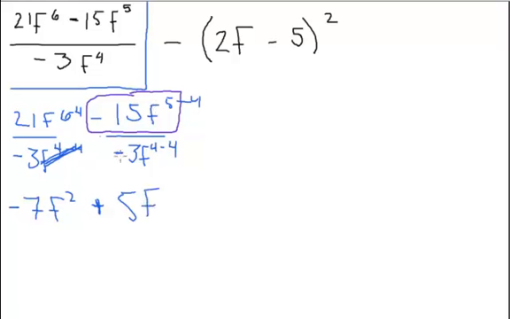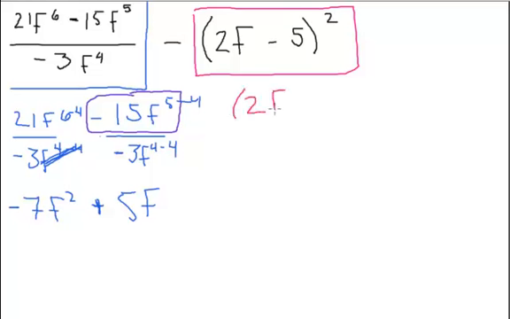Okay, so this is the expression I derived from this first part. Now I'm just going to look at this one right here. Notice again, I'm ignoring this negative and working with this one; I will work with this negative afterwards. So I have (2f - 5) to the power of 2, so I'm going to take my base, 2f minus 5, and multiply it by itself 2 times. 2f and 2f gives me 4f^2.